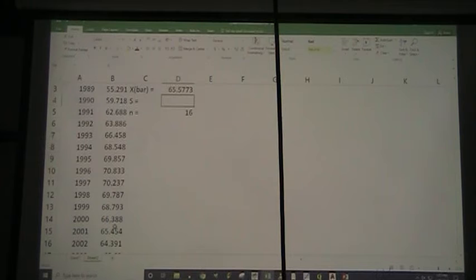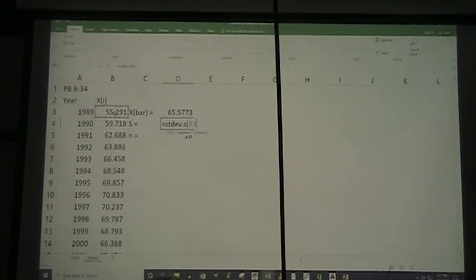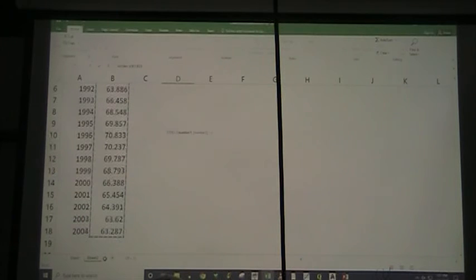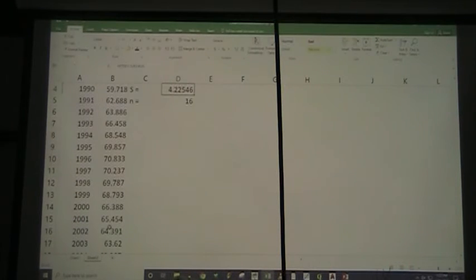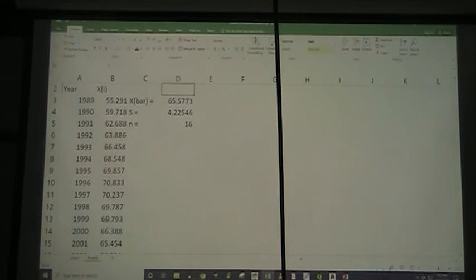We want to have our standard deviation for a sample, and again, all we do is highlight our numbers. All right, so we've got our numbers.